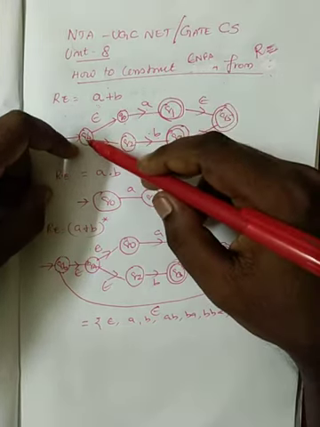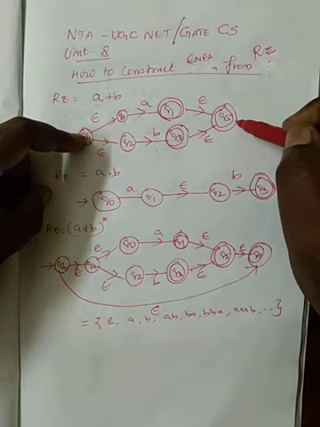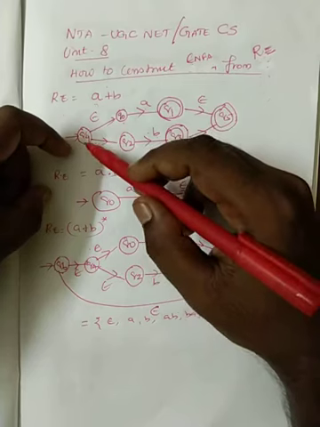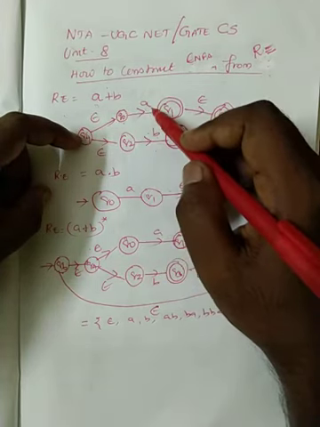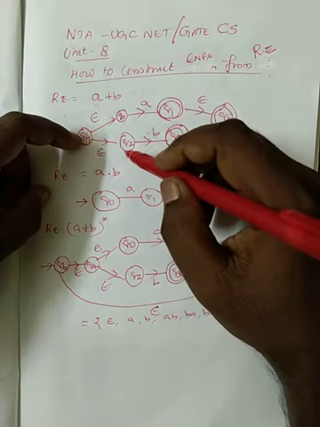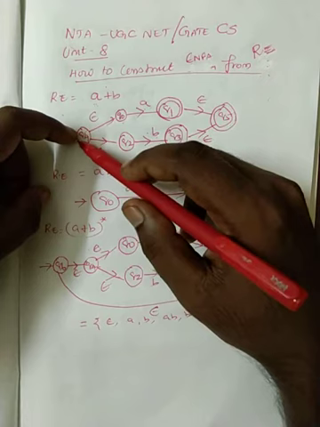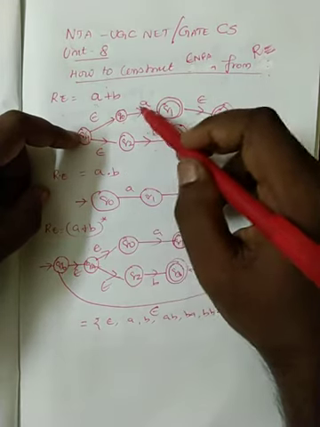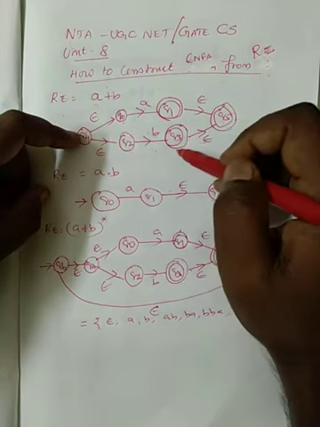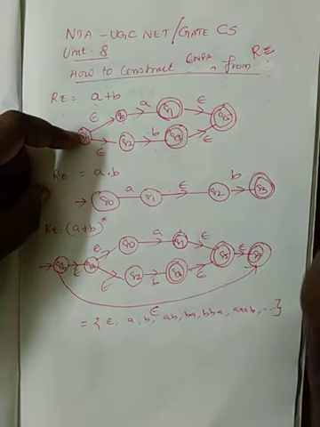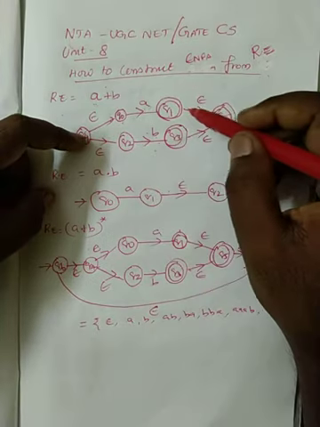For that you introduce one new start state and a new end state, and from the new start state you have an epsilon transition towards A or an epsilon transition towards B. Now from the start state, by accepting A it goes here, and by accepting B it goes to the final state. So represent epsilon here, like that.